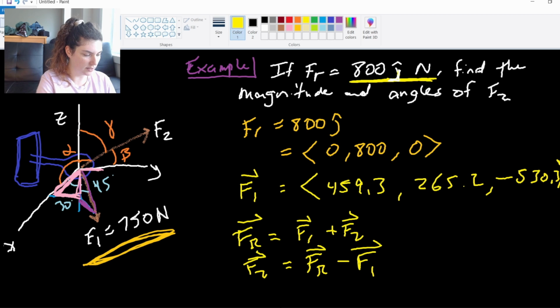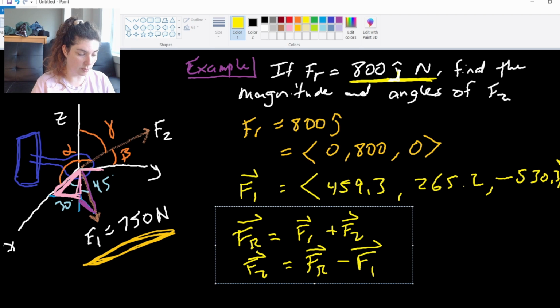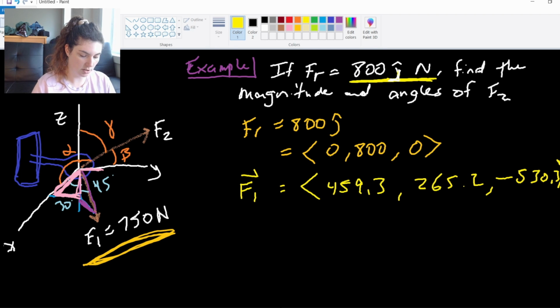So if we take a look at this, let's go ahead and sub in our values. We know we just subtract components, right? So we're going to do F2 equals FR minus F1.